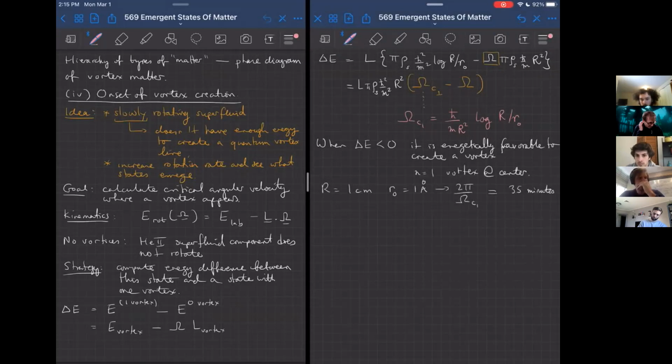Now, what happens as we increase the angular velocity? As we increase omega above this critical value, which I've called omega c1, then of course more and more vortices are generated. Because the vortex at the center then becomes unstable and wants to create smaller charge vortices.